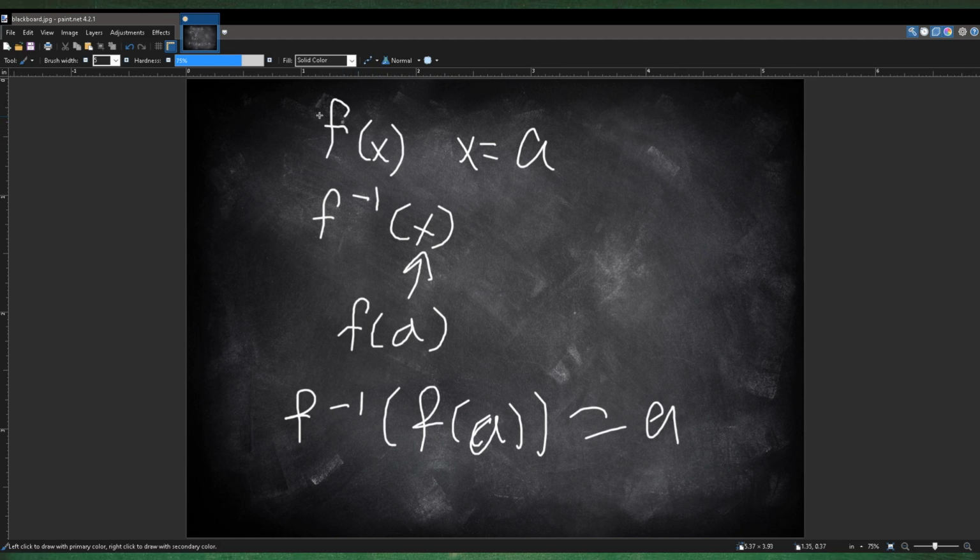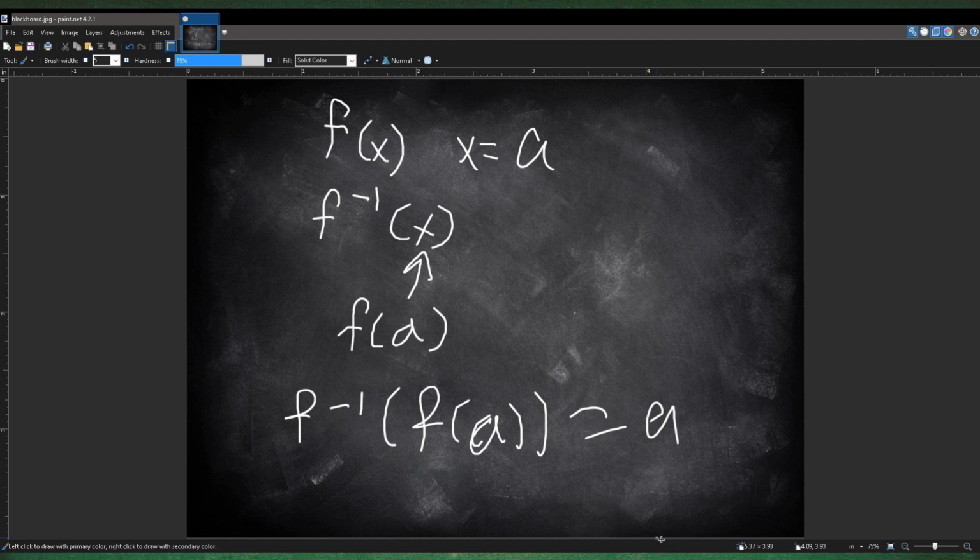So whatever are the x values for f of x will become the y values for the inverse, and whatever are the output values of f of x will become the inputs for f of negative 1 of x.